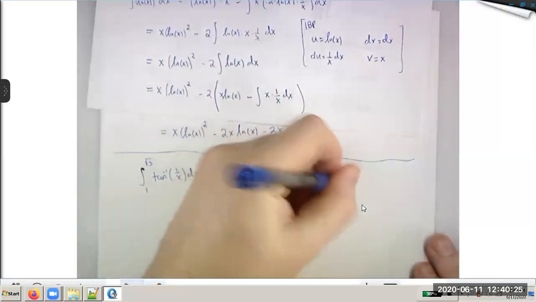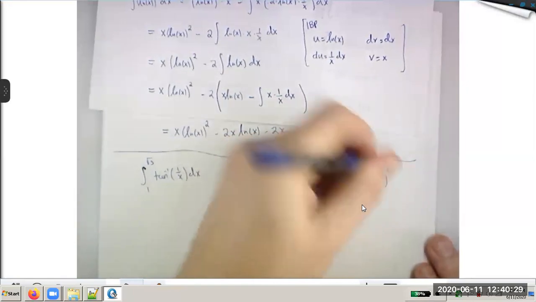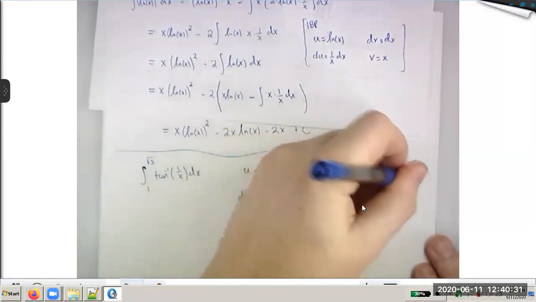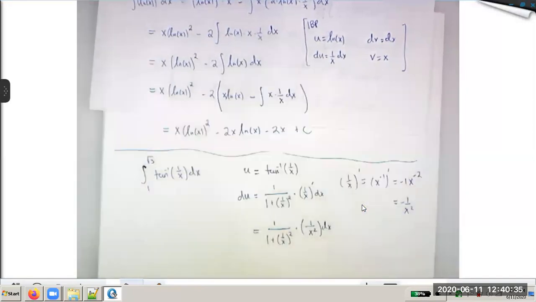So then du would be 1 over 1 plus 1 over x all squared times 1 over x squared dx.